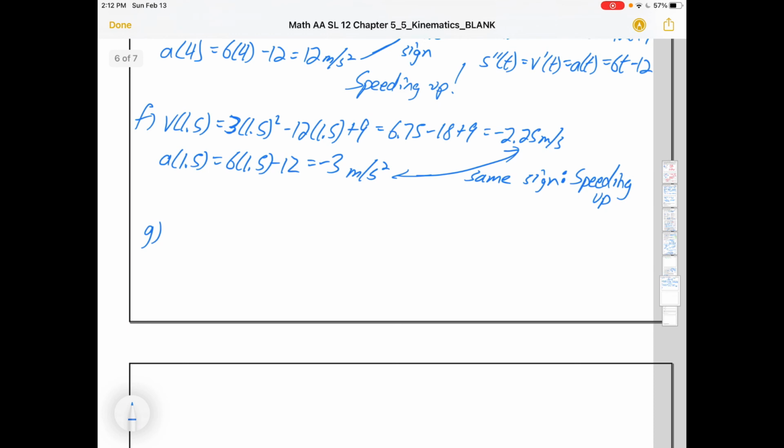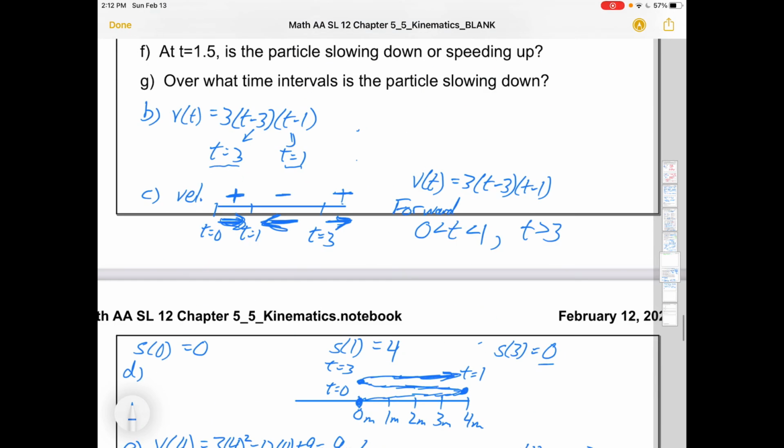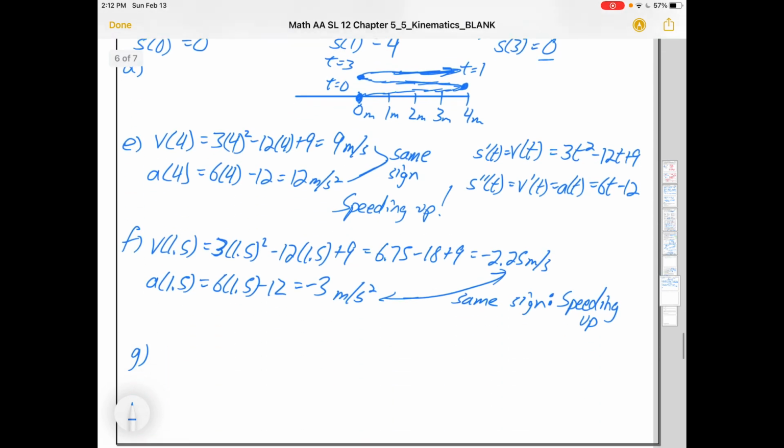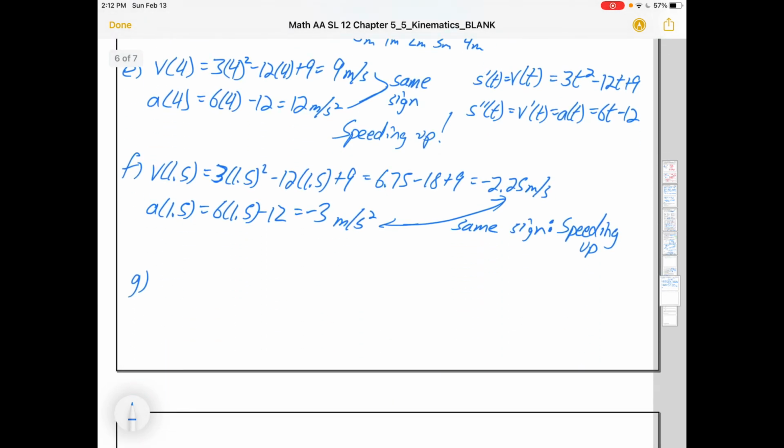Now the last question is, find what time intervals the particle is slowing down. To do that, you need to compare what's going on with velocity and what's going on with acceleration. We know velocity starts positive, then it's negative, then it's positive.